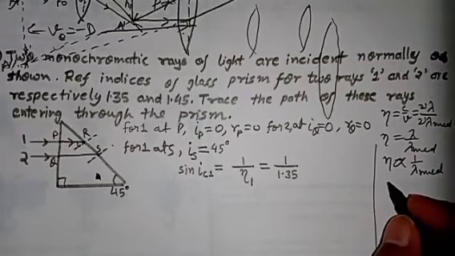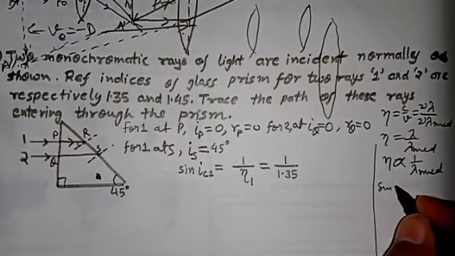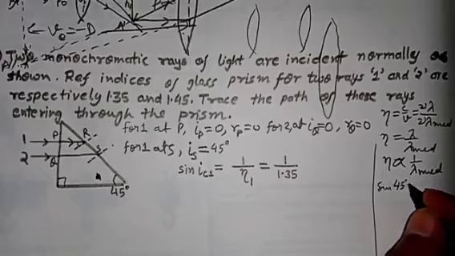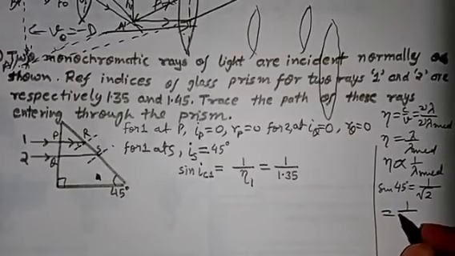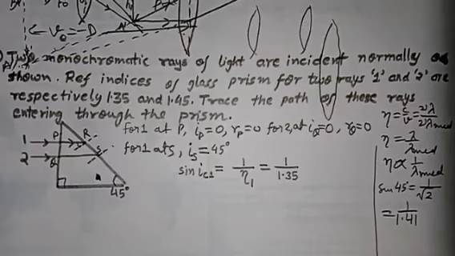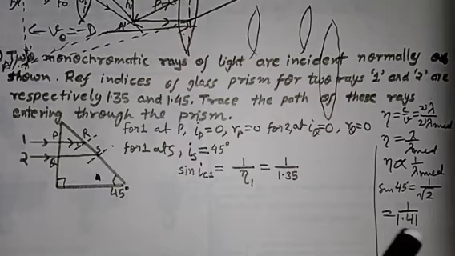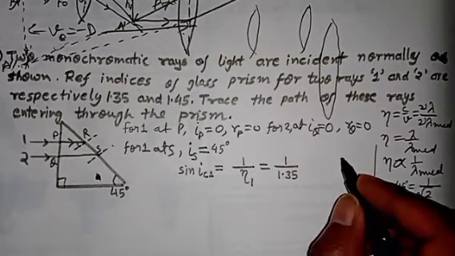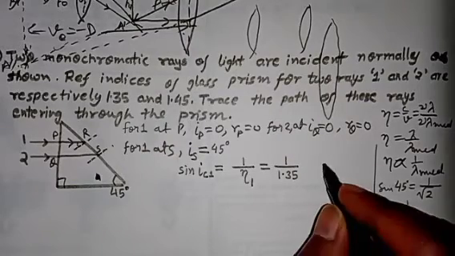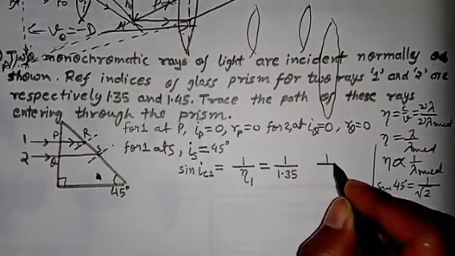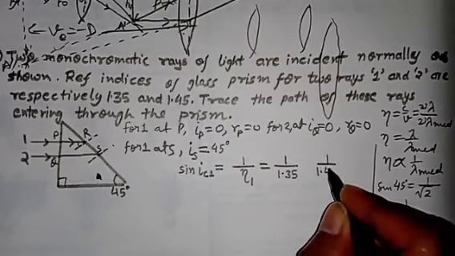Side by side, sine 45 will be 1 upon root 2, that is 1 upon 1.41. So we have to compare this with this value. It may look like I'm doing something illogical, but this is how these questions should be treated.